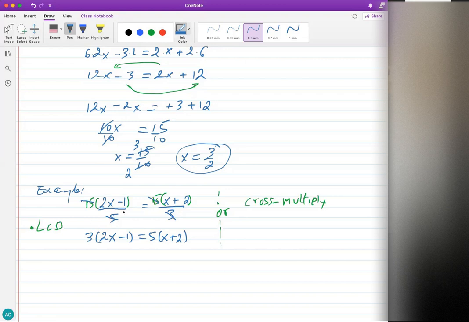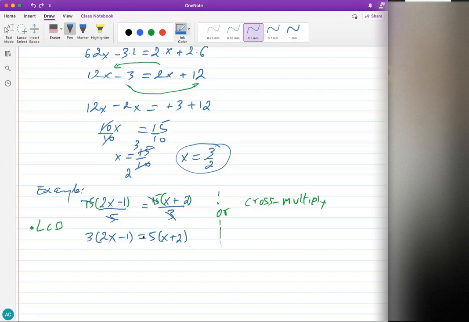And once the fractions are gone, we solve normally as we did last time and today. So what do we do now at this stage? What is the property that we use now? Clearly, we have some parentheses here. You have to get rid of them.